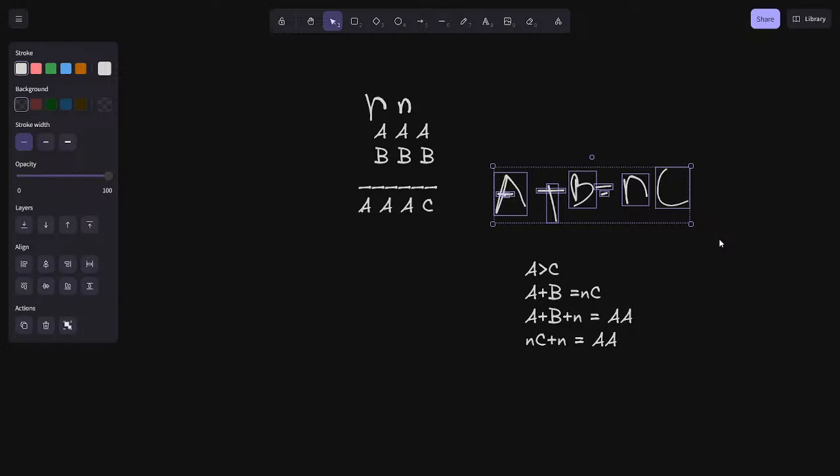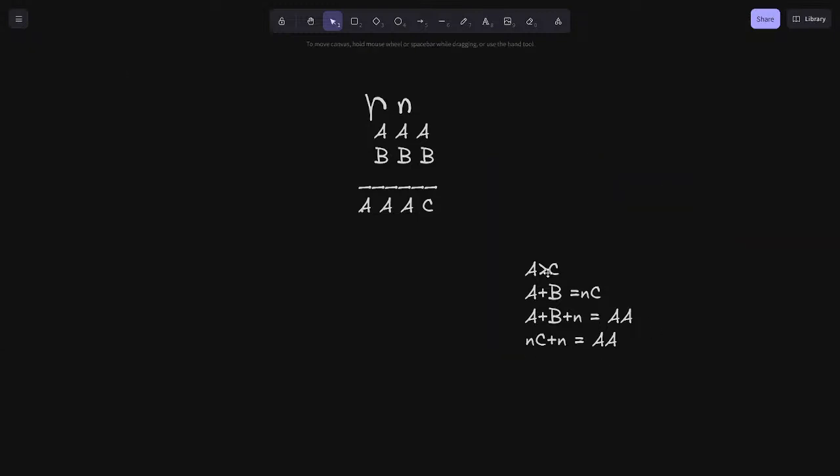Now we have to see what are the digits that satisfy this. I want A plus B equals AA. We got two numbers.